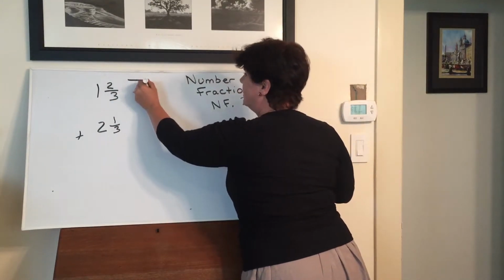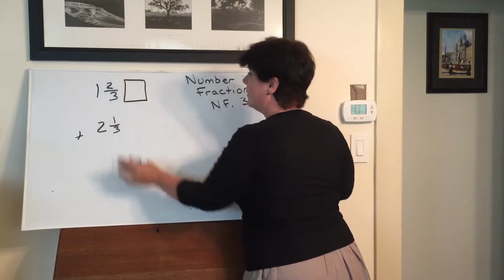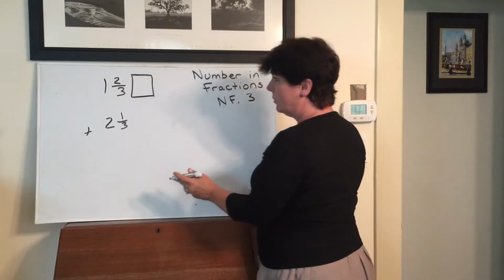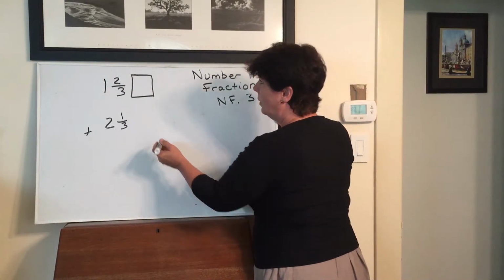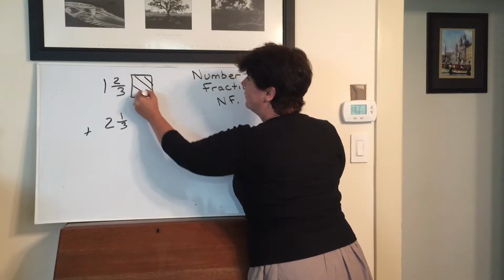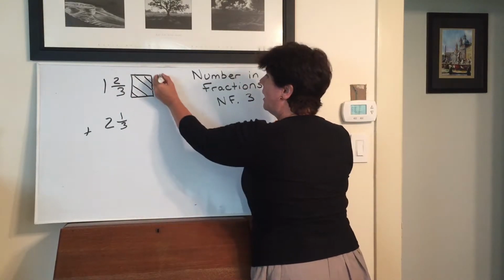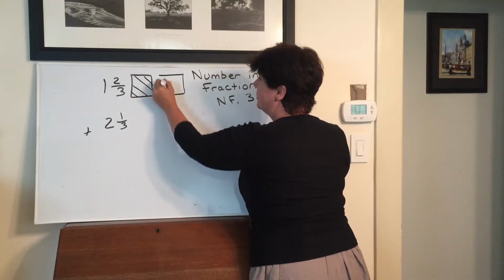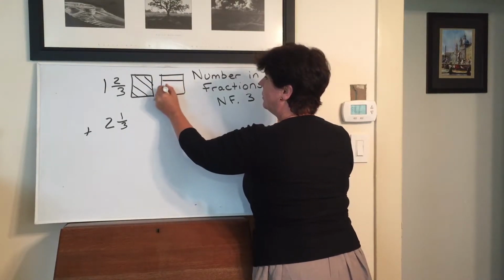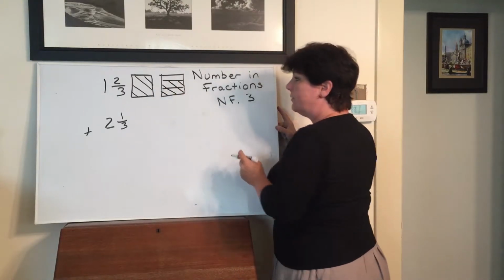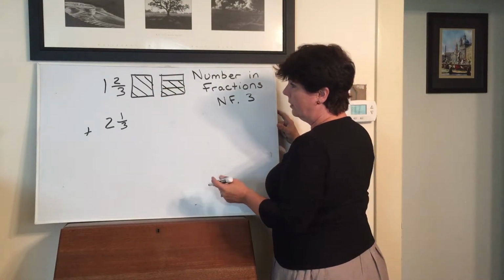I get a whole one. And I get all of it. I also have a fraction of a whole, and I get 2 of them out of the 3.